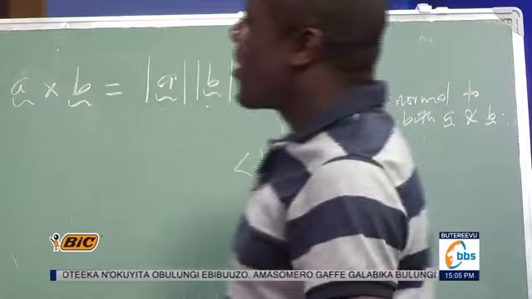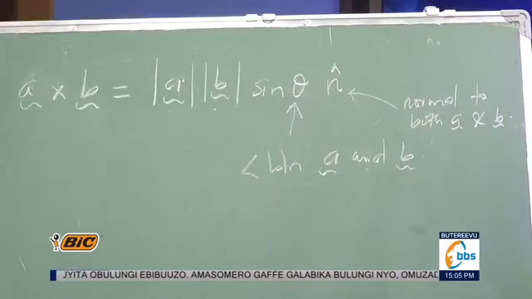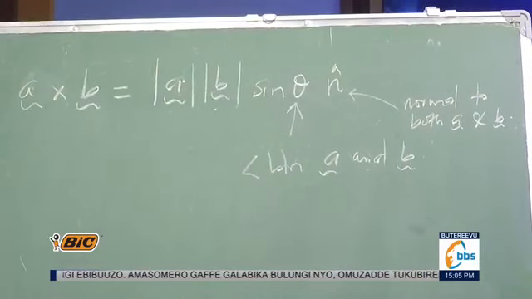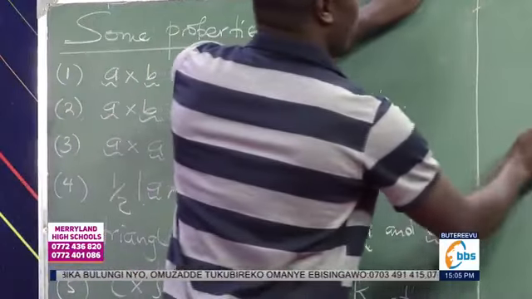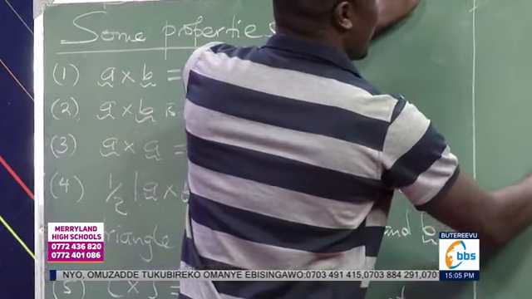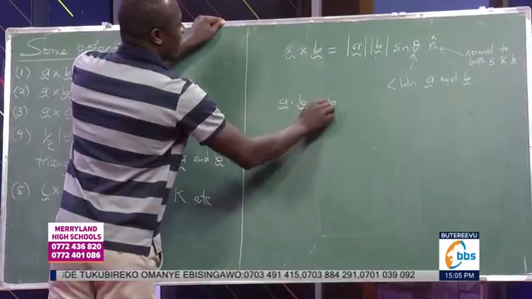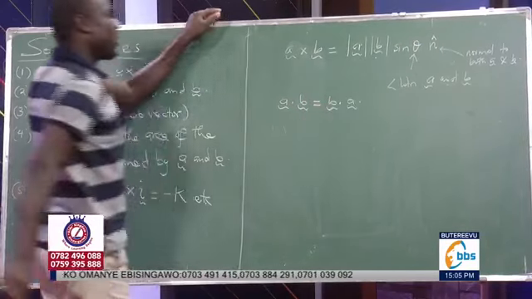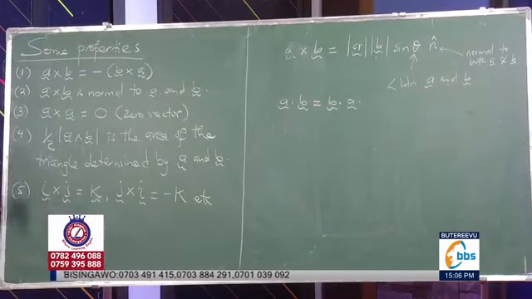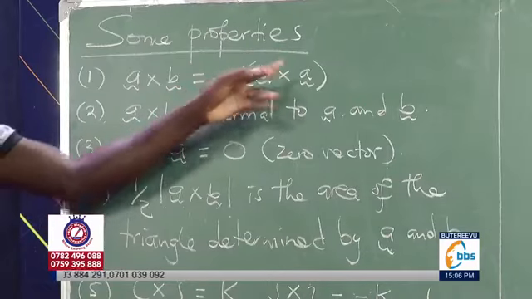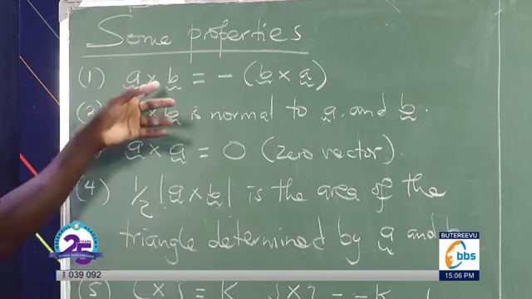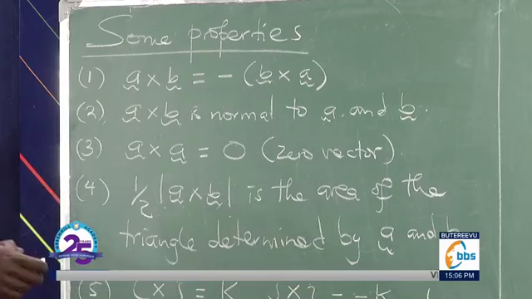Now, some of the properties of the cross product: it is not commutative. Remember, the dot product was commutative, with A dot B the same as B dot A. But the cross product is not commutative, and A cross B is equal to negative of B cross A. To prove that, you may need to get back to the definitions of the cross product.